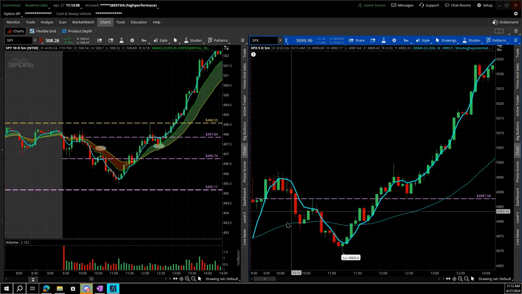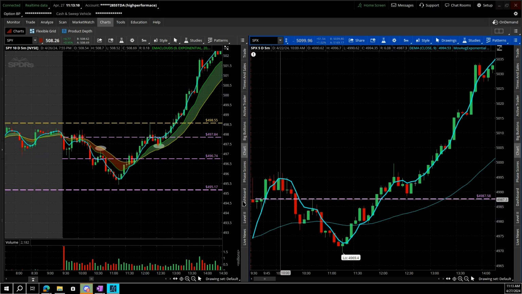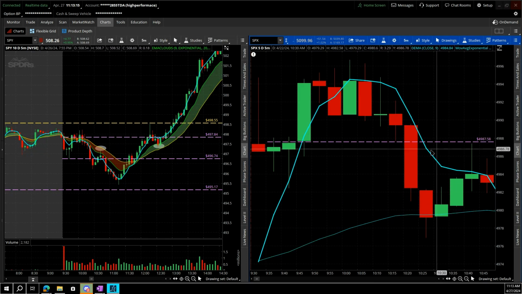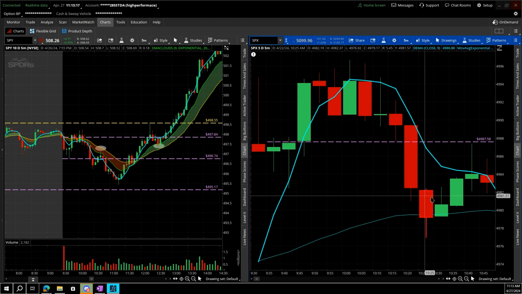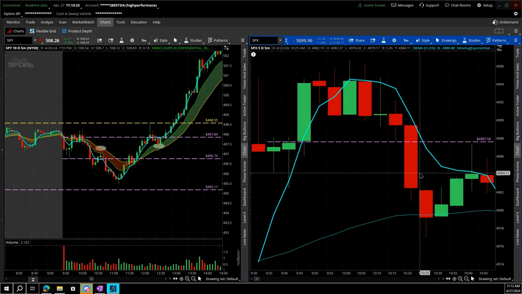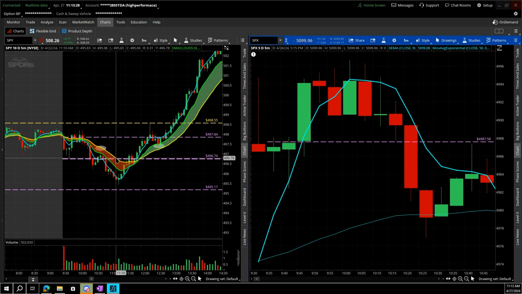I still am looking for structure, but when price used to do this, and we would be like, okay, I'm getting a break and retest off OP, sometimes you'll be like, but how do I know sellers are going to take it? And it's not about knowing; it's about having a higher probability of trading with who's in control. That's what the cloud does for me.